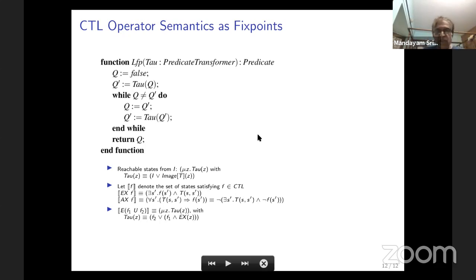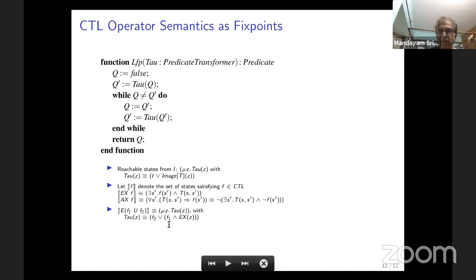There are some optimizations that you can do there as well, so that you eliminate states that you've already seen. But nonetheless, this is a breadth first kind of thing. EX is already defined here, and that's what I'm assuming that I'm using here.